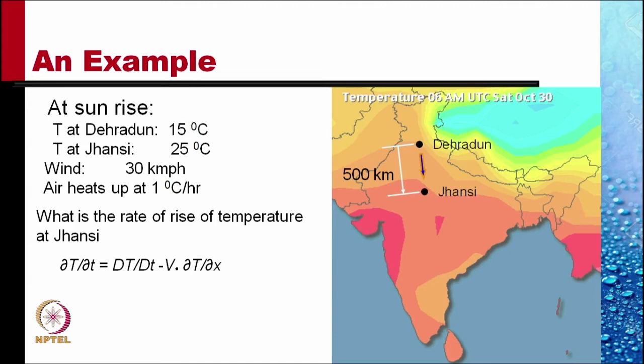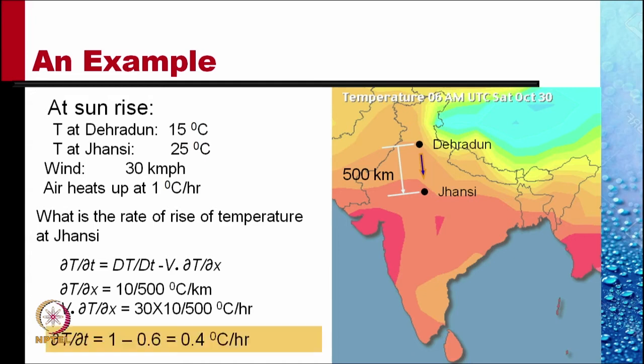Material rate plus the convective rate. V dot del T by del x is equal to 30, velocity is 30 kilometers per hour into 10 by 500 degrees Celsius per hour. So the local rate of change is 1 minus 0.6 or 0.4 degrees Celsius per hour.